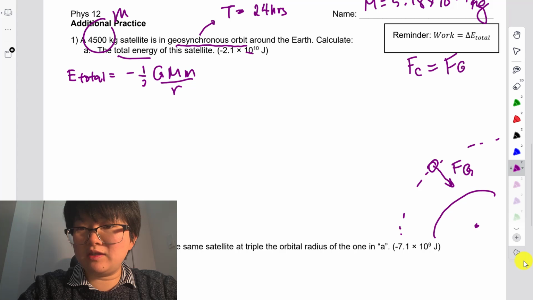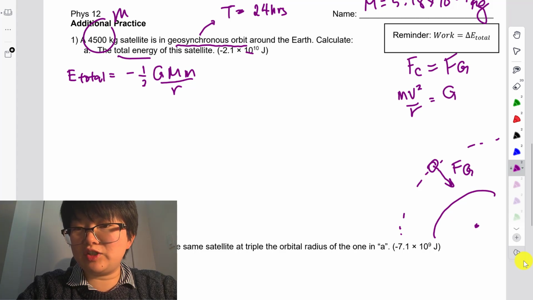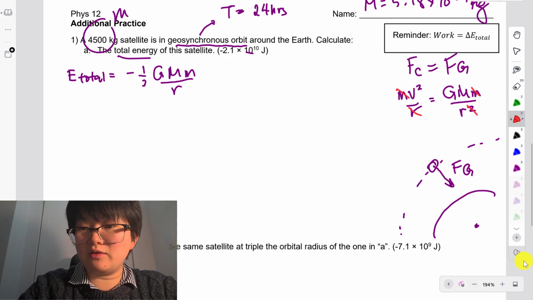Which means centripetal force is m times centripetal acceleration, v squared over r, and force due to gravity is big G, big M, small m over r squared. Aha, a few things cancel. The m's go away, independent of mass, and one of the r's goes away.